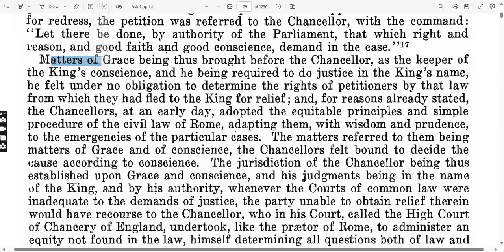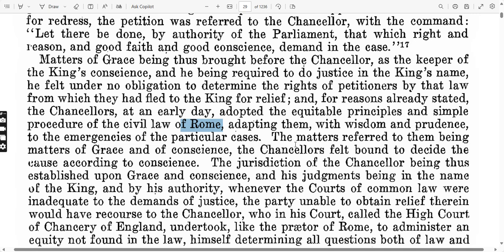And, for reasons already stated, the chancellors at an early day adopted the equitable principles and simple procedures of the civil law of Rome, adapting them with wisdom and prudence to the emergencies of the particular cases.